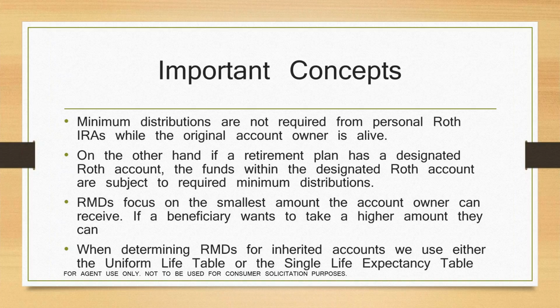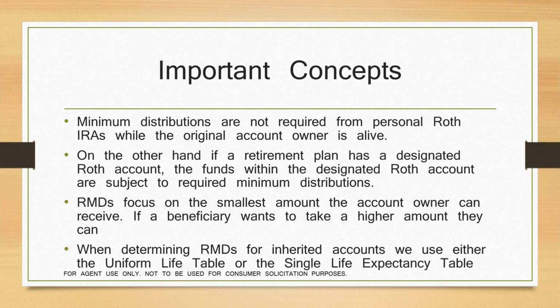And so always for a Roth account, we're going to treat it as if the decedent died before the required beginning date, because there is no required beginning date for a regular Roth IRA. On the other hand, designated Roth accounts do have required beginning dates. They are April 1st of the year following the year in which the taxpayer turned 70 and a half. And so the required beginning date rules do apply to those accounts.